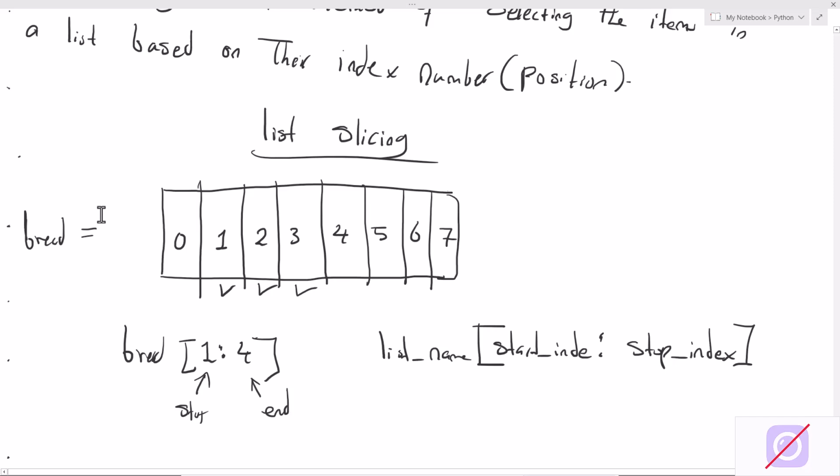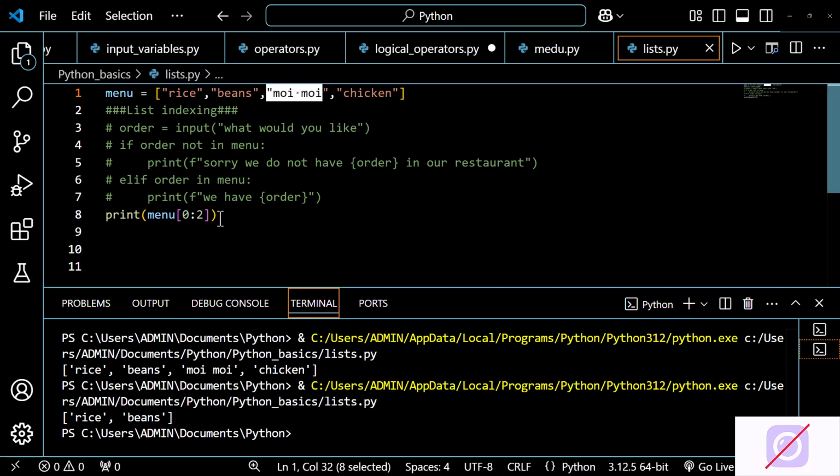We are returning everything within that range. So we cannot return the last item, exactly. Because moi moi sits on index 2, and we will not return the element on index 2.